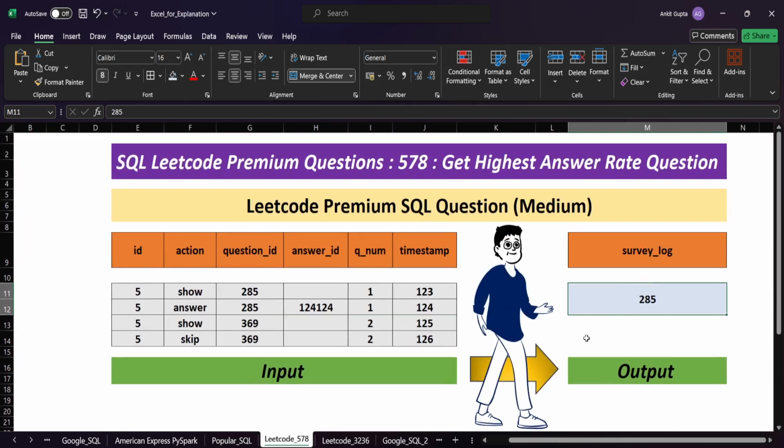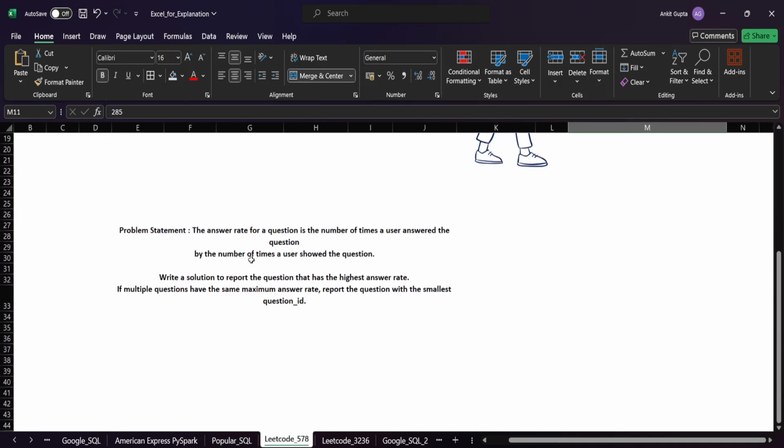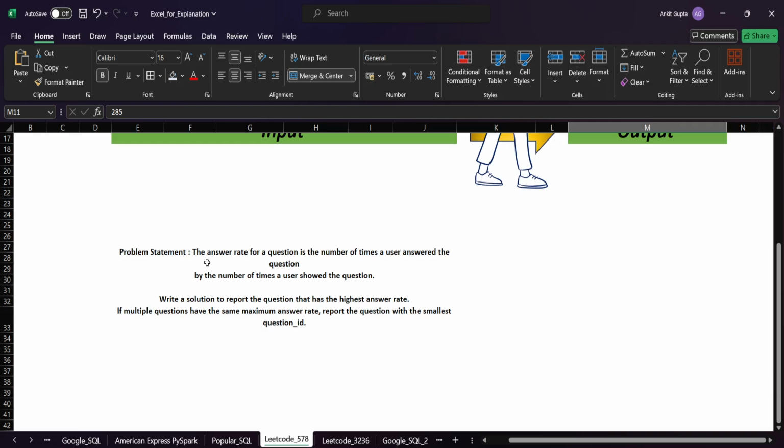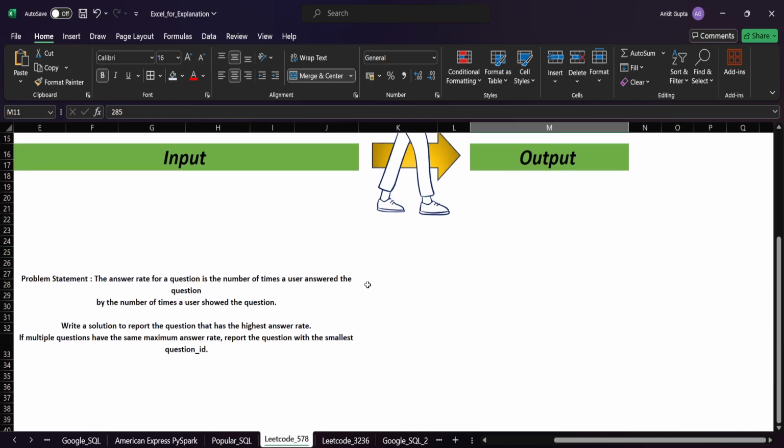We will see what this one record means. So let's read out the problem statement. The answer rate for a question is the number of times the user answered the question divided by the number of times the user was shown the question. So let me write the formula: number of times answered divided by number of times shown. And at which level?